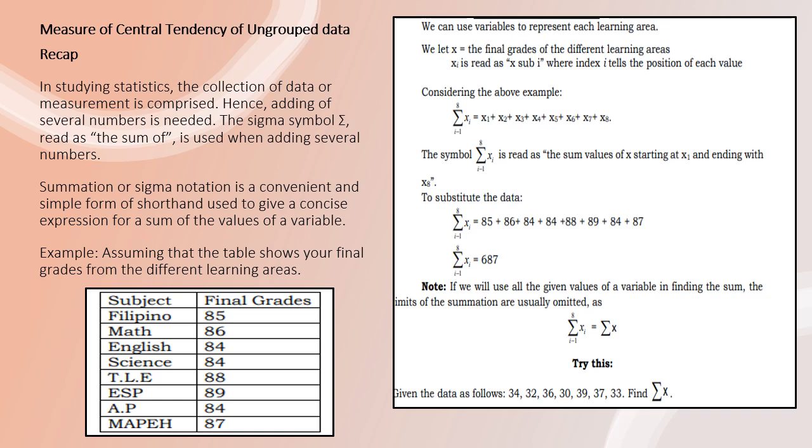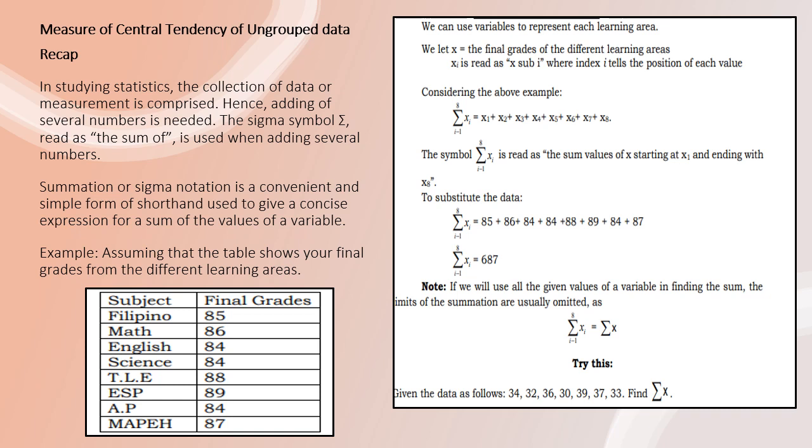So the symbol is read as the sum of the values of x starting at x sub 1 and ending with x sub 8. To substitute the data, here is the data and a total of 687. Note, if we use the given values of a variable and find the sum, the limits of the summation are usually omitted.